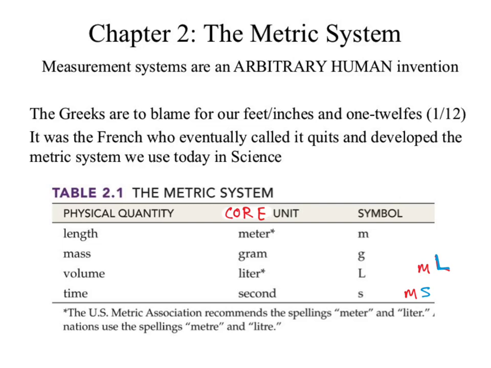We do see milliseconds pop up, but if we go larger than a second, we don't go to kiloseconds. We jump to minutes. And if we go larger than a minute, we go to hours. So we have a different base system for time.